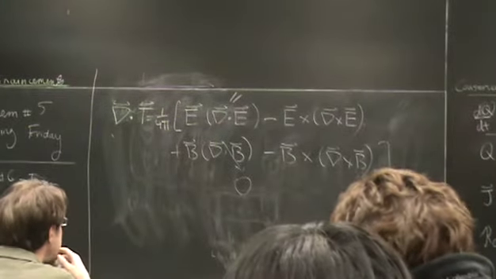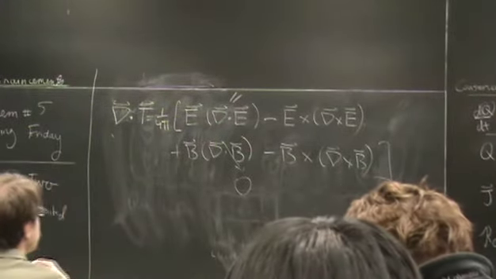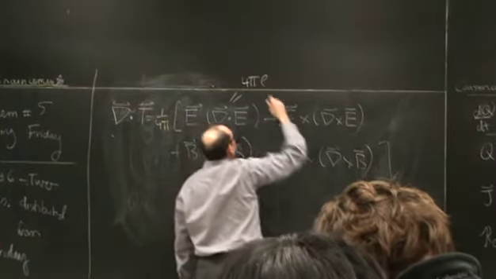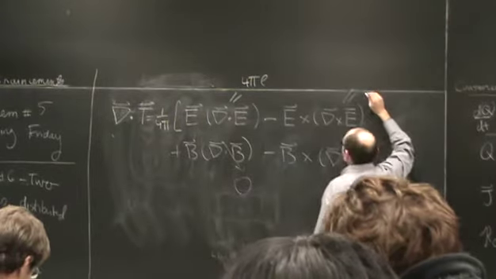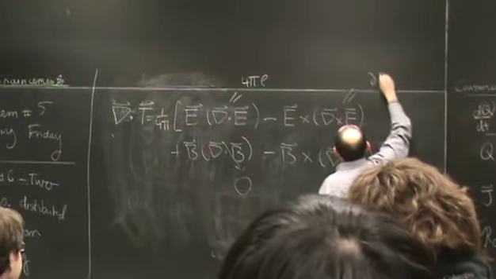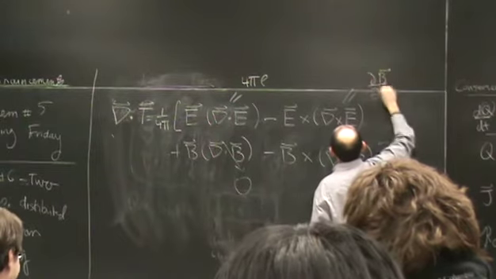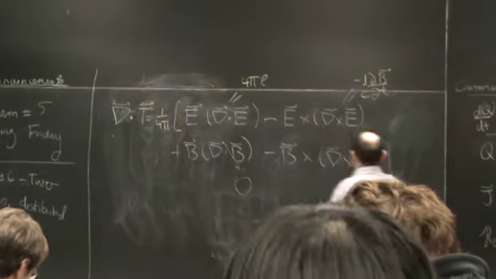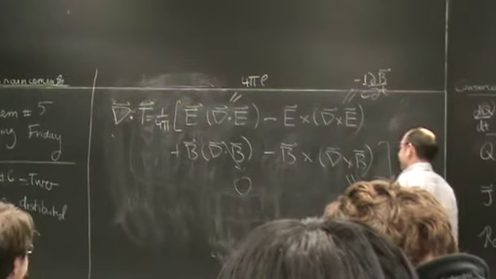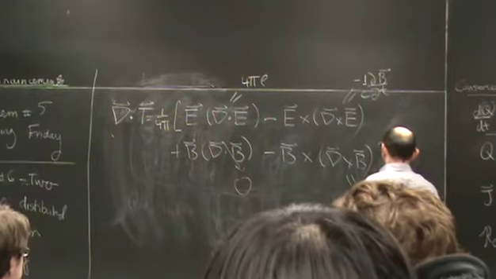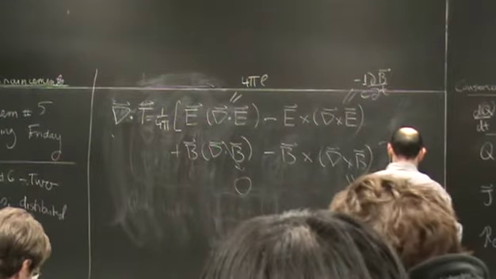What's del dot E? 4 pi rho. What's del cross B? Quick. It's got a dt in it. What else has it got? It's got a minus sign. Minus whatever it is. Minus 1 over c, yay. Del cross B equals 4 pi j over c plus 1 over c d dt.